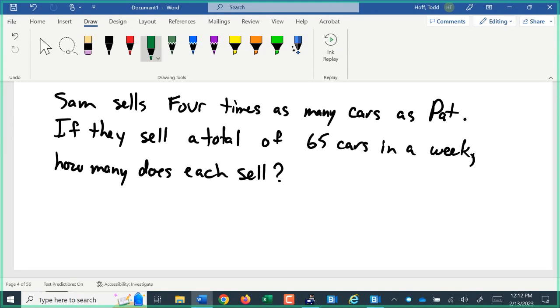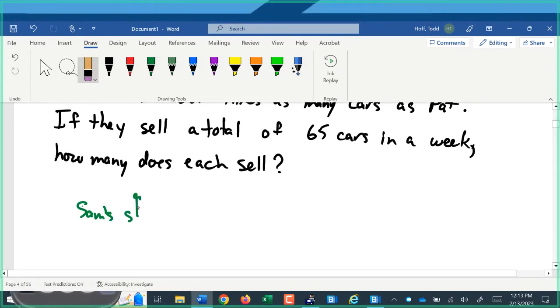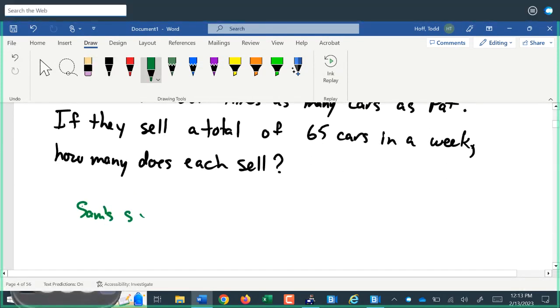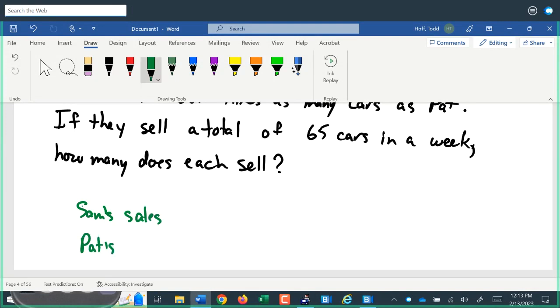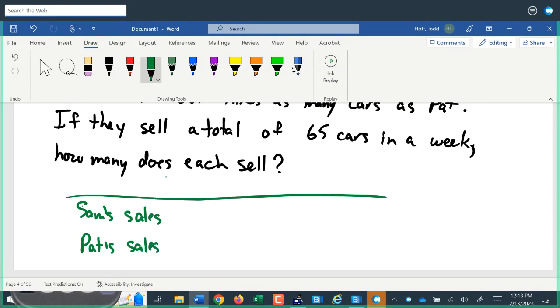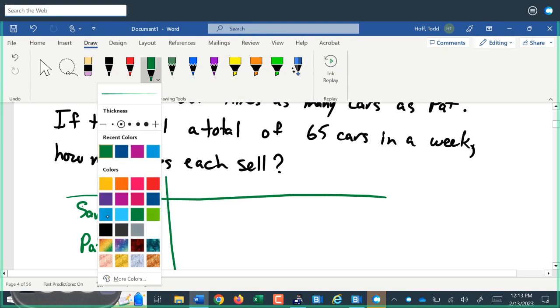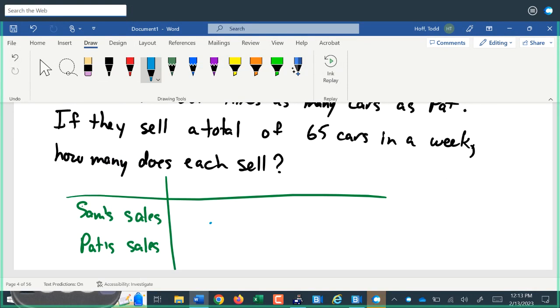Here we have 2 things we're looking for. We're looking for Sam's sales, and we're also looking for Pat's sales. So there's 2 things we're looking for, but we only have 1 variable to do it. So it makes it even more important that we define our variable here.